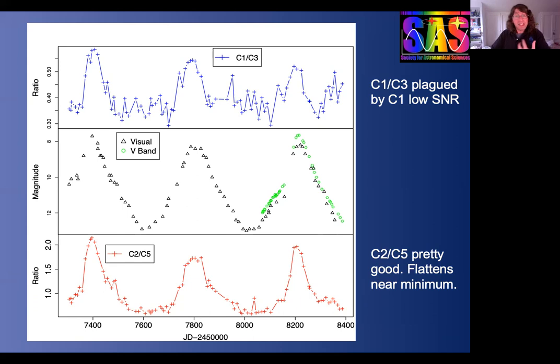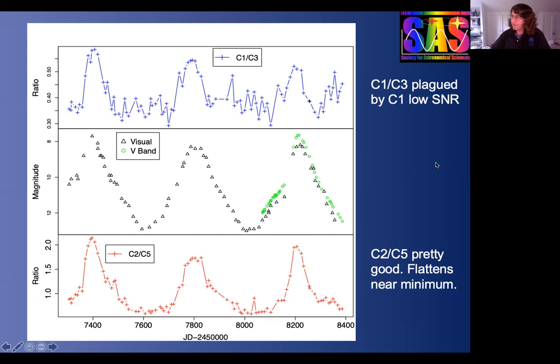But that decrease in flux at the C1 point led to an increase in the noise at C1, and it makes it impossible for us to tell in the data we have if there is a response of C1 to C3 when the star is coolest, or if we're just seeing the noise in the C1 point. This is something we still have to work on to figure it out.